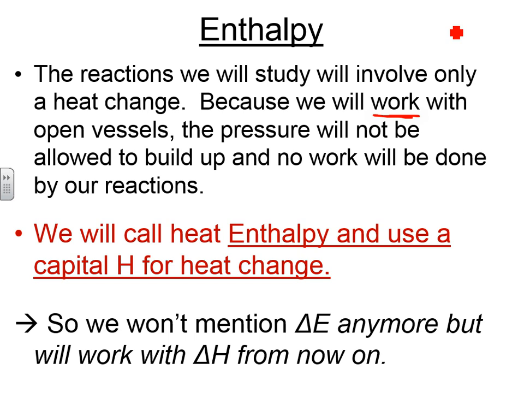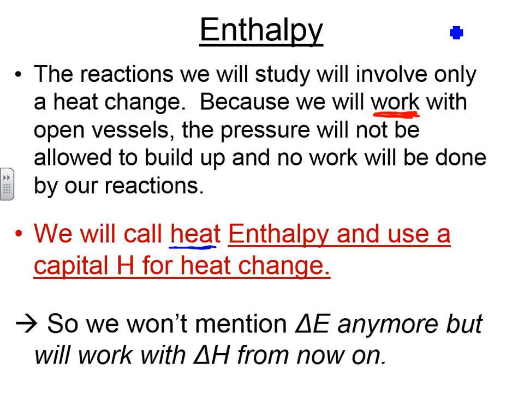There is work created by some chemical reactions, especially gaseous ones, but we're going to essentially ignore that and only look at the heat portion of a chemical reaction, partly because the heat portion is much greater than the work portion, and partly because all chemical reactions have a heat change, but only those involving gases have a work change. So we're going to focus more on heat.